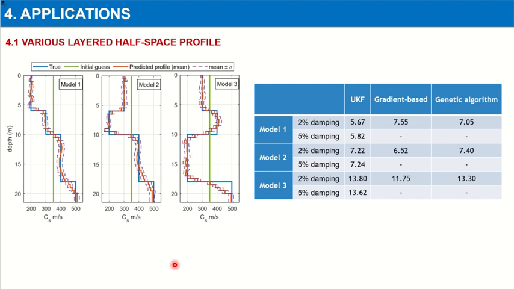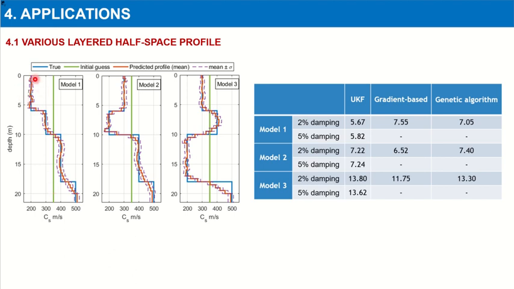Here is a result. We use an initial guess of around 280 meters per second as the initial value for the beginning of the algorithm.